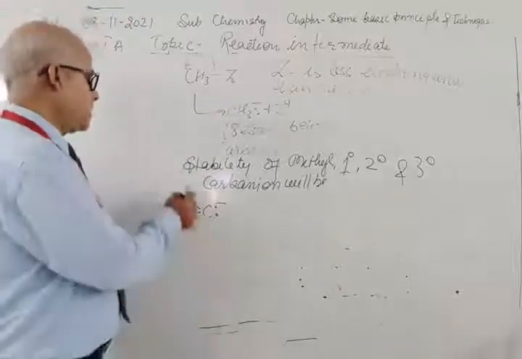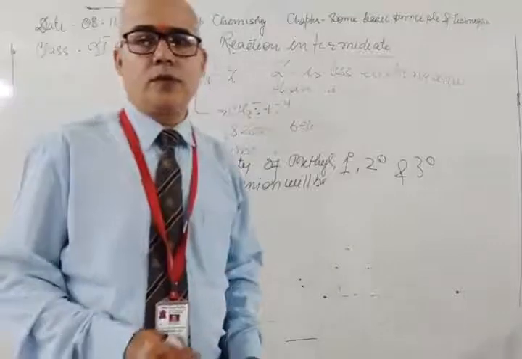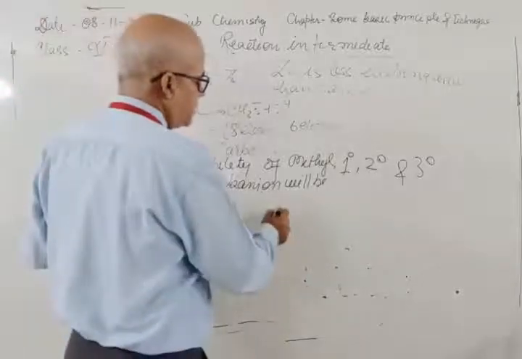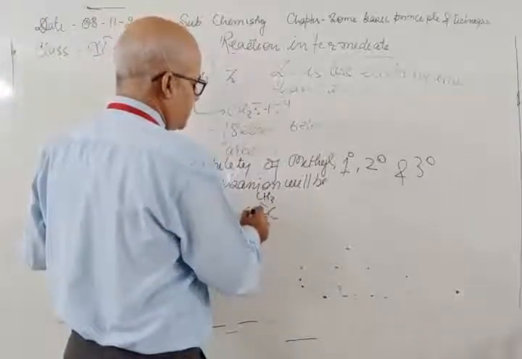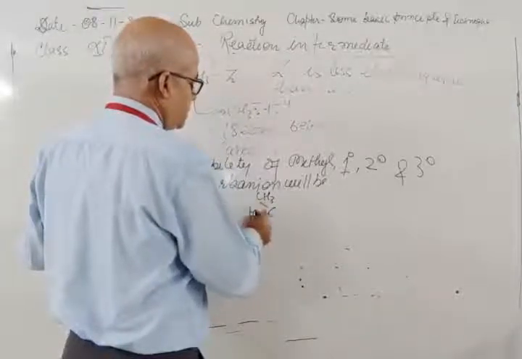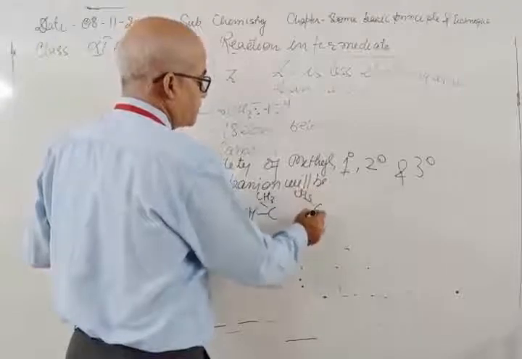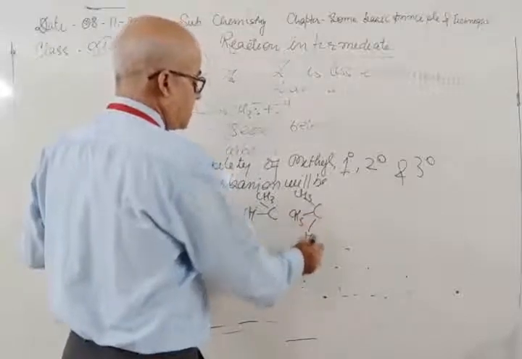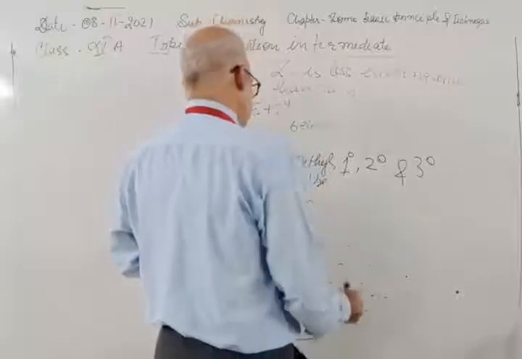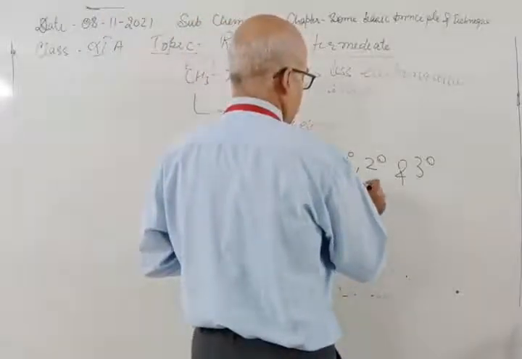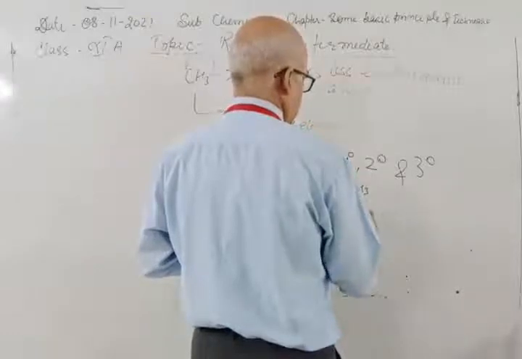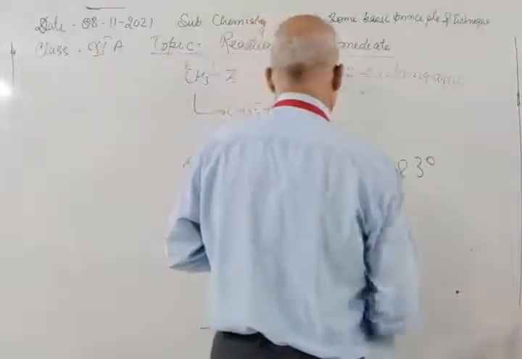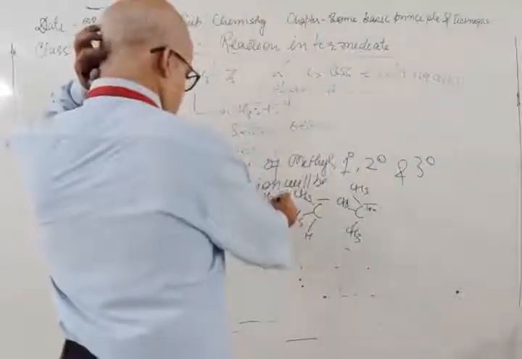Methyl carbanion has only 3 hydrogen, so it is able to react with the other, but as the number of CH3 groups increases, here is H. Now first, second, third, CH3, here is negative charge, here is also negative charge.